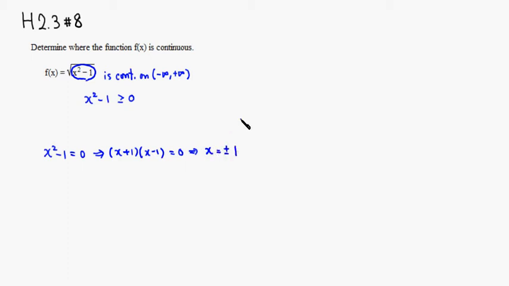Right? Then we can do a sign chart. So we know that when x equals negative 1 and positive 1, this quantity is equal to 0. So I'll put the 0 here and the 0 there.